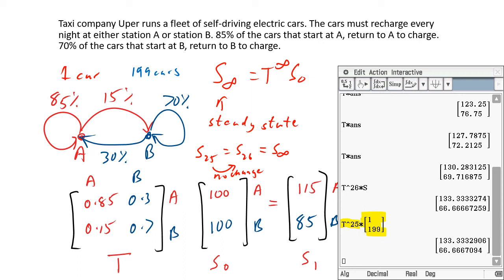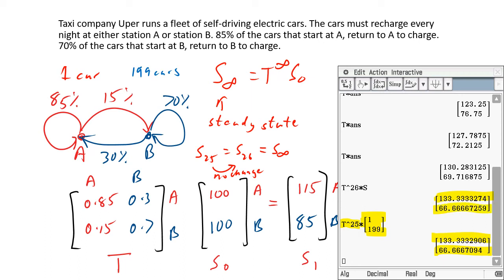Look, I've still got 133 and 67, exactly what I had. So it doesn't matter what numbers you start with. Steady state always converges on those same numbers. Look, we still got 133 and 67 there. So that's an important thing to note.